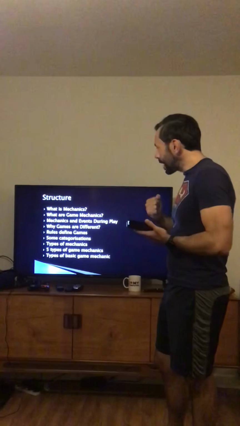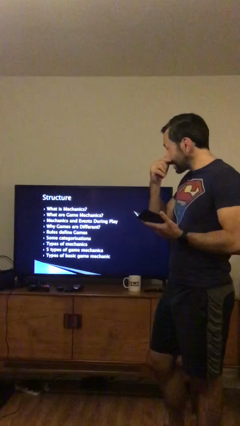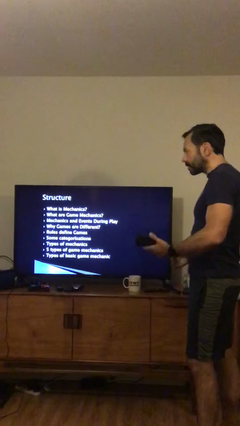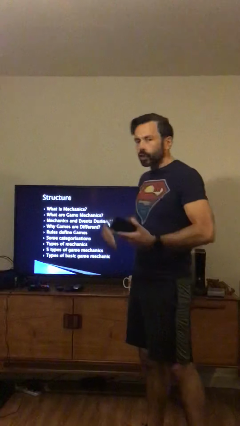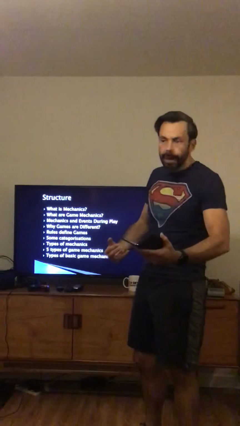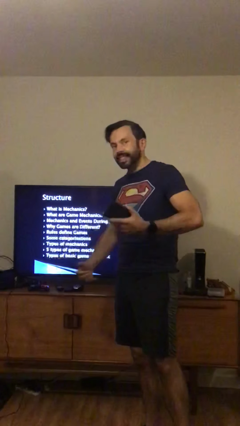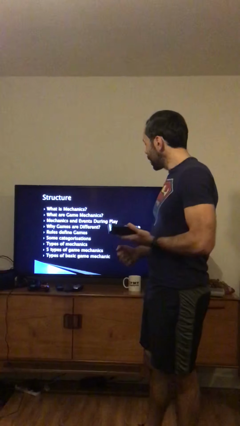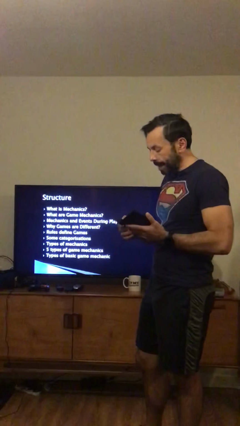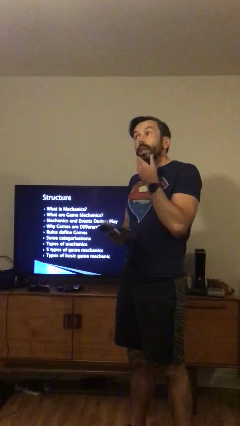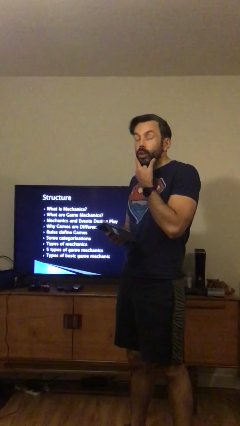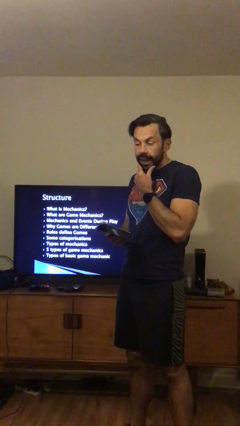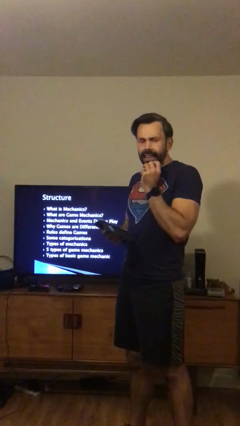Rules define games, some categorizations, there's types of mechanics as well. There's 5 different types of game mechanics. There's core game mechanics, secondary game mechanics, primary game mechanics, satellite game mechanics, and the types of basic game mechanic.